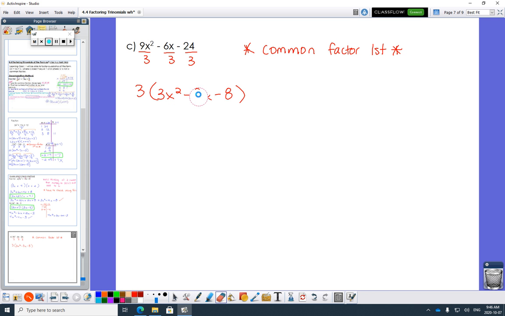Sorry. Now, as much as common factoring is annoying, now that expression is simpler. Okay, so it does help to simplify things.